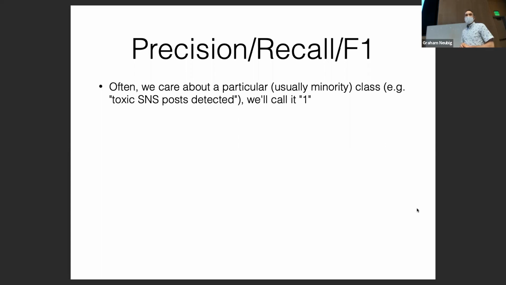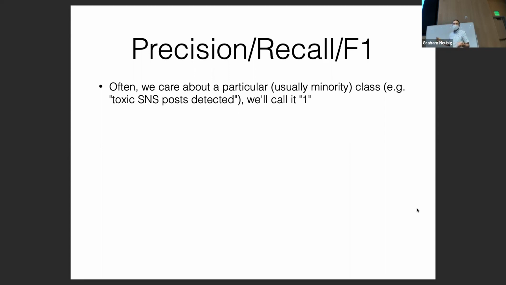Just to give an example, let's say we were doing toxic SNS post detection. Most SNS posts are not toxic. But we really care about whether we're able to detect the toxic ones. So let's say only 0.01% of SNS posts are toxic.